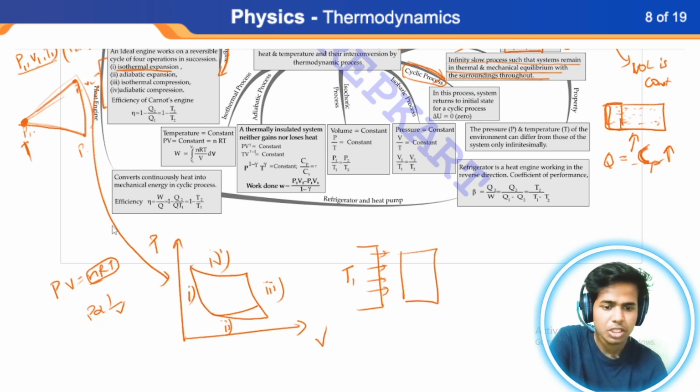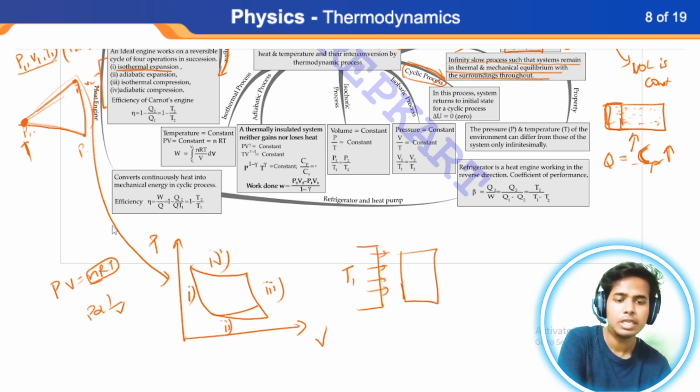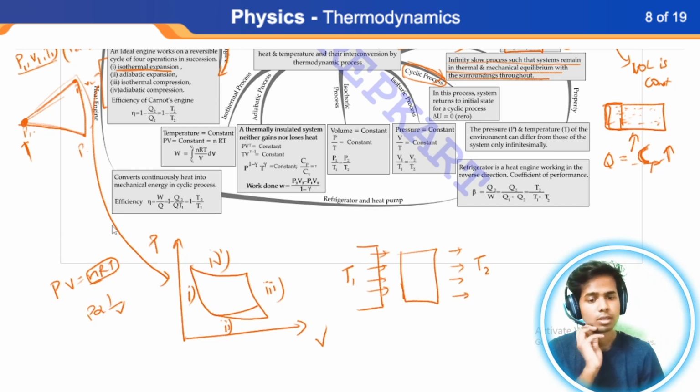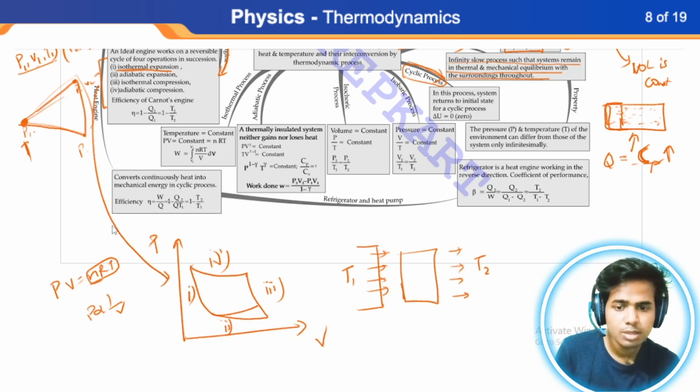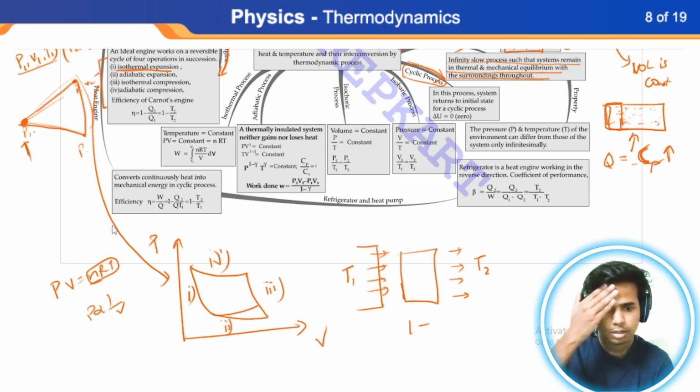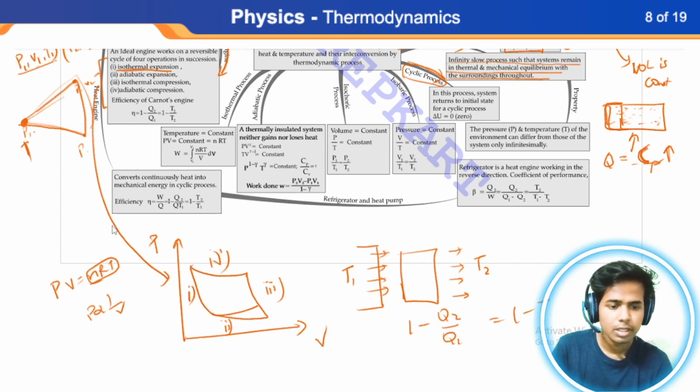There is this engine, and you are doing work, raising the temperature of the sink. Sink means basically where the energy is going. The efficiency of the Carnot engine is 1 minus Q2 by Q1, which is equal to 1 minus T2 by T1.